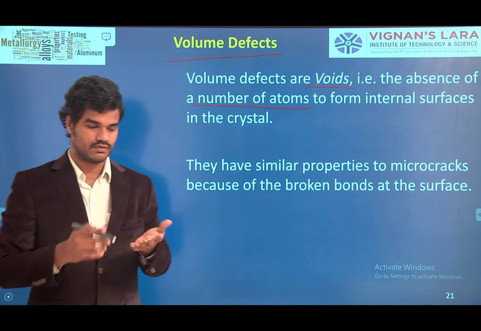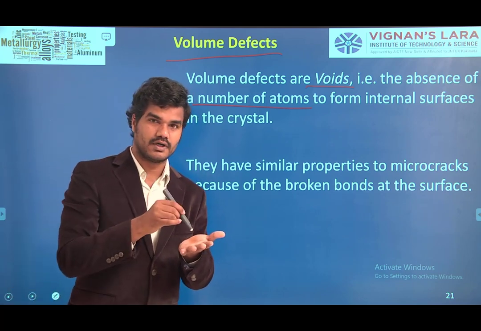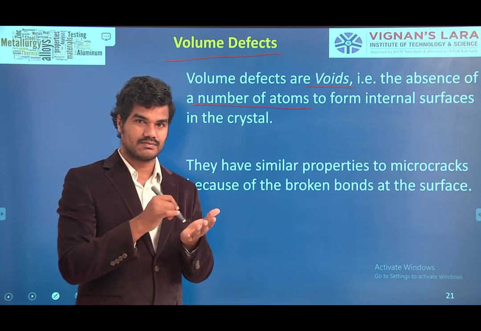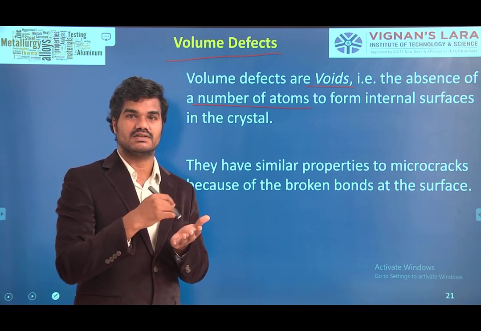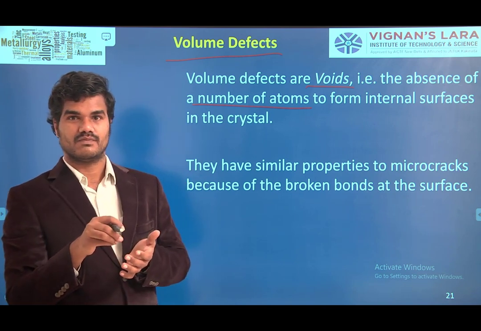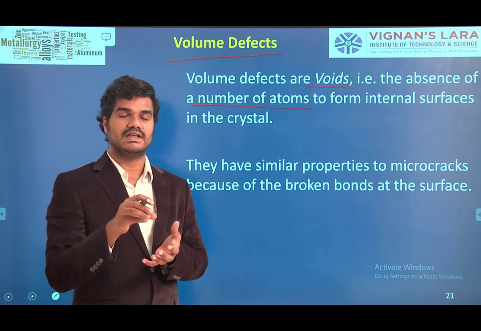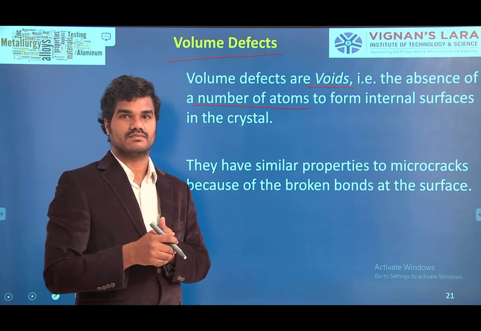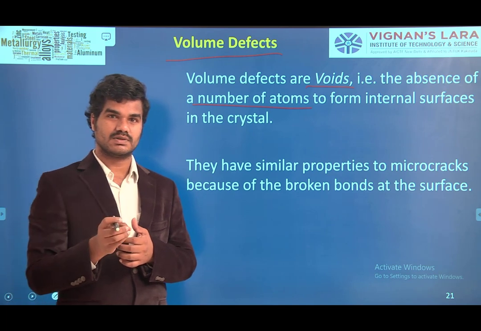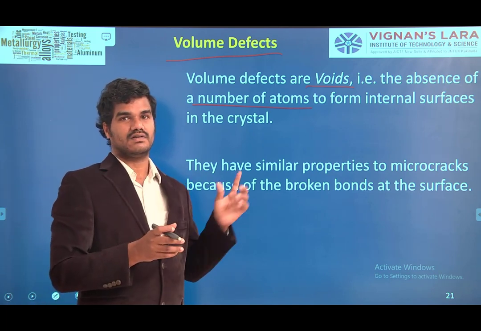With a point defect you look at only one point, whereas here you take some volume, a three-dimensional length, breadth and thickness. In that three-dimensional area, if there is no arrangement of atoms, that comes under volume defect.